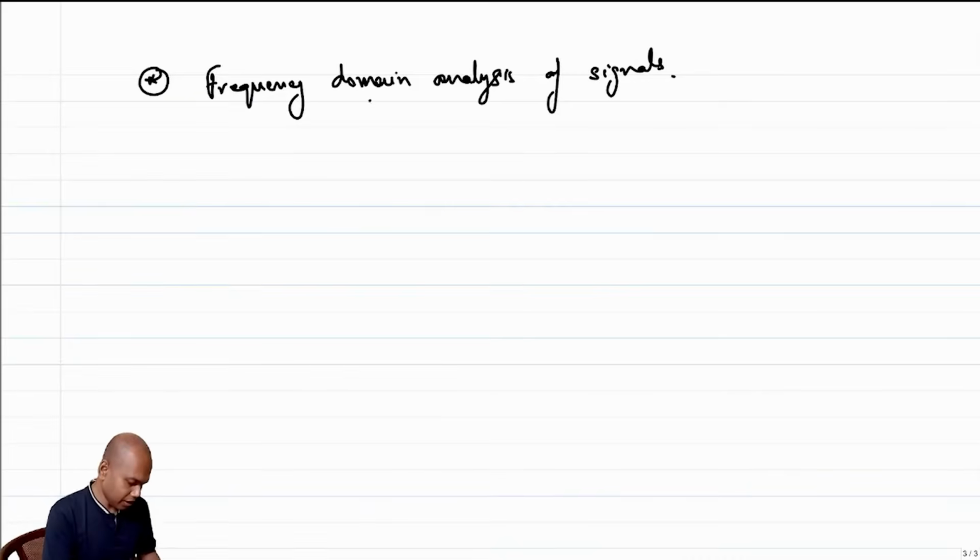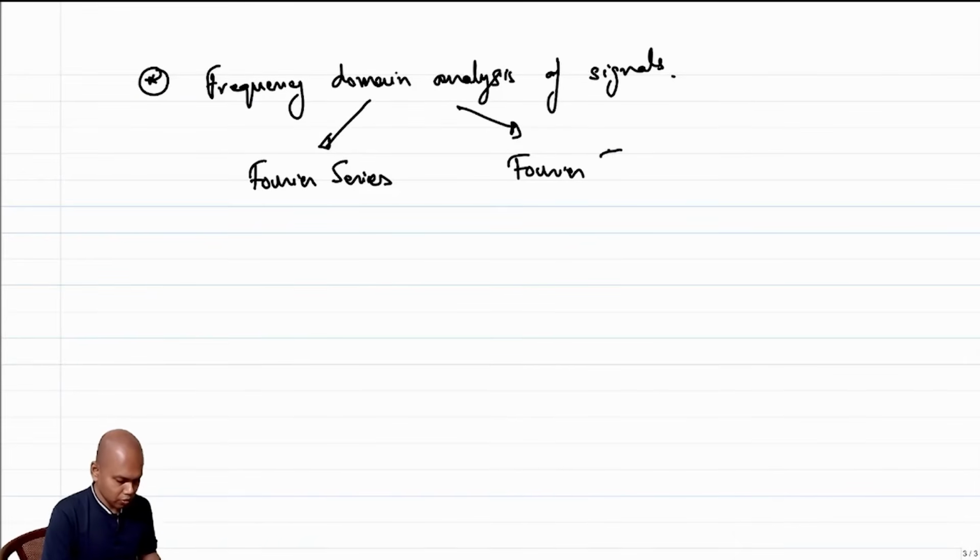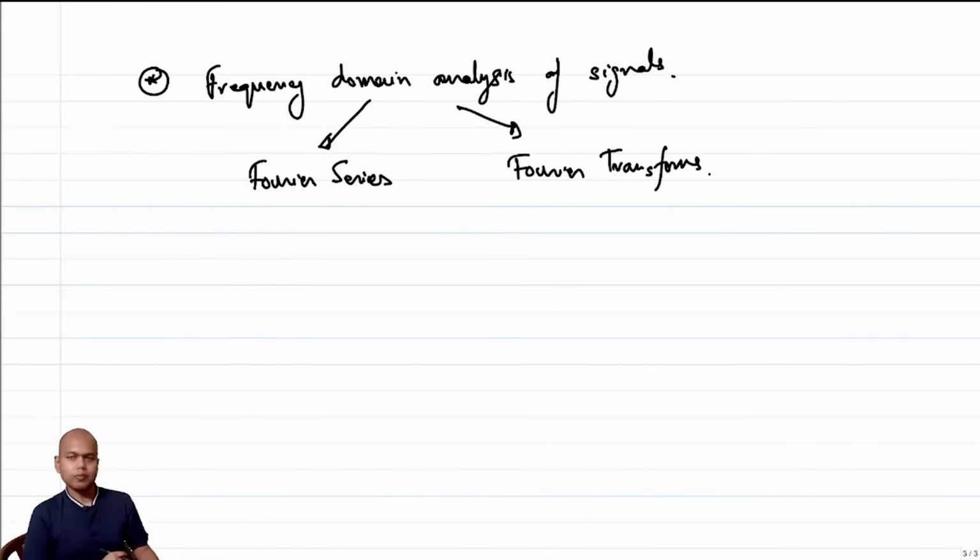I essentially mean that we should be comfortable with Fourier series and Fourier transforms, right? I will give you a brief refresher when the time comes, but I'll assume that at least you have taken an undergraduate course in which you have been introduced to Fourier series and Fourier transform, right?